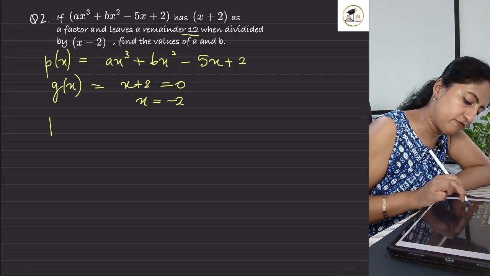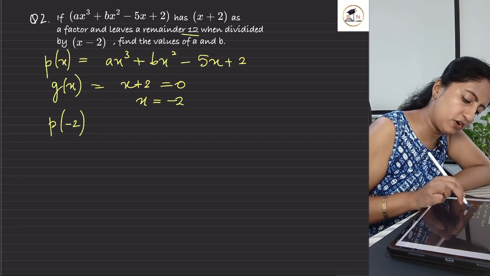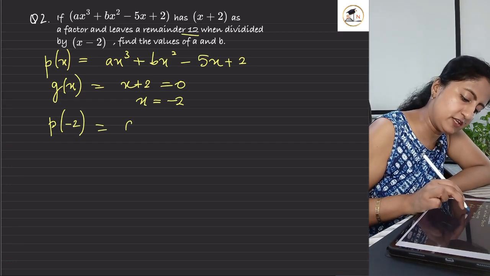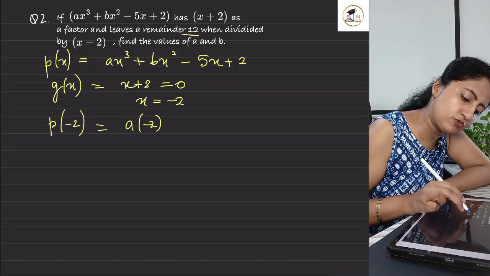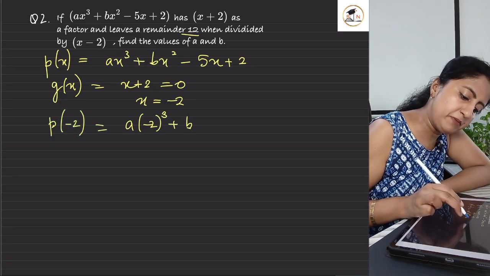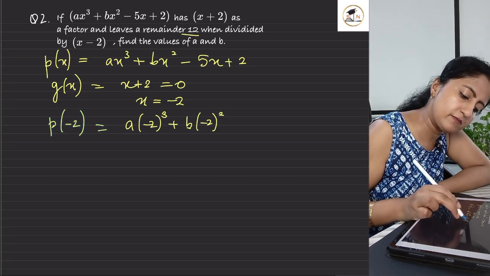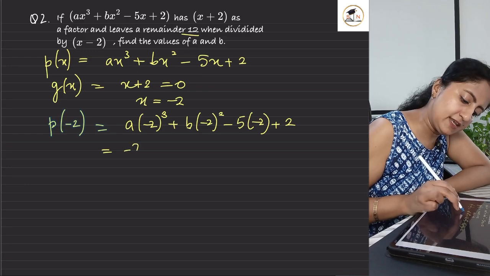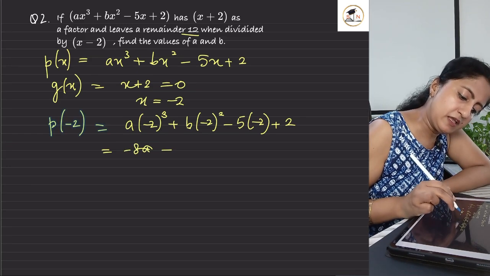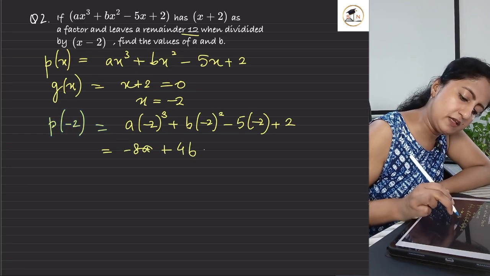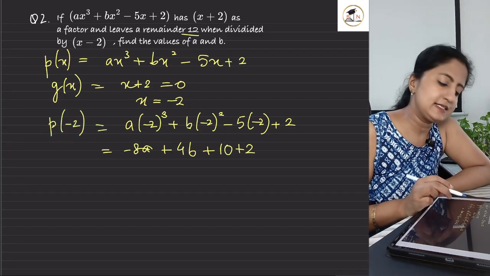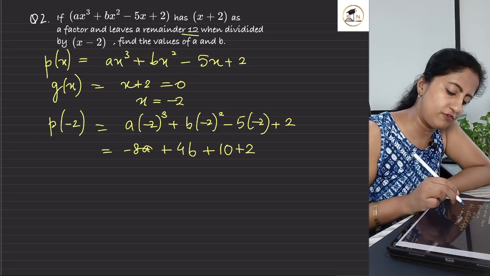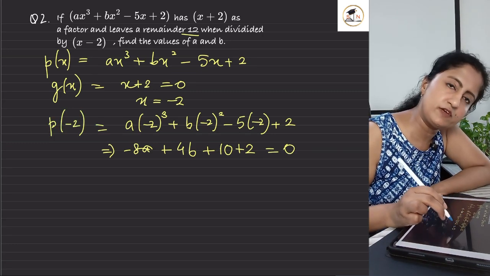Right, now we will substitute in the first polynomial negative 2, which leaves me with a times negative 2 cube plus b times negative 2 squared minus 5 times negative 2 plus 2. So this becomes negative 8a plus 4b plus 10 plus 2. They had said that it is a factor. Therefore, the remainder is supposed to be 0 over here.